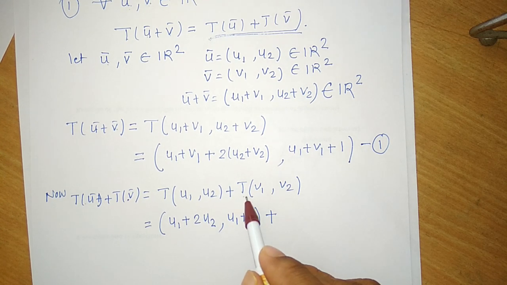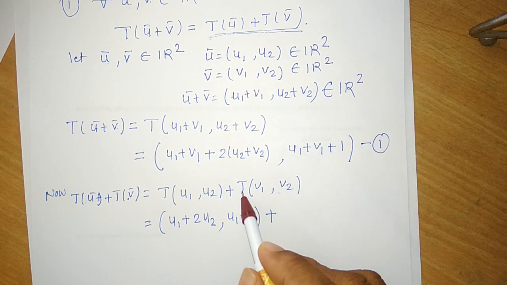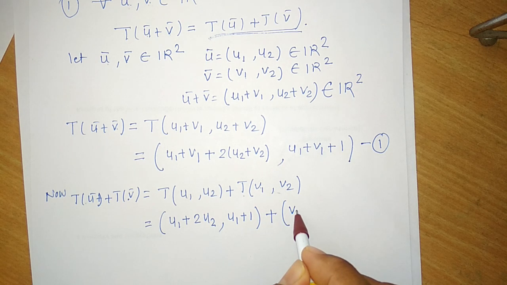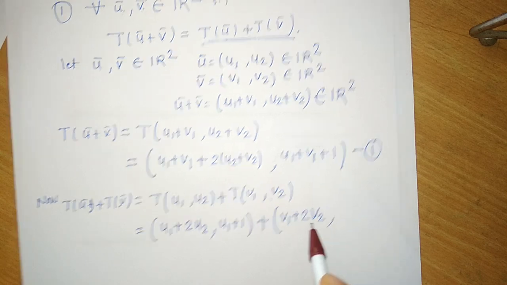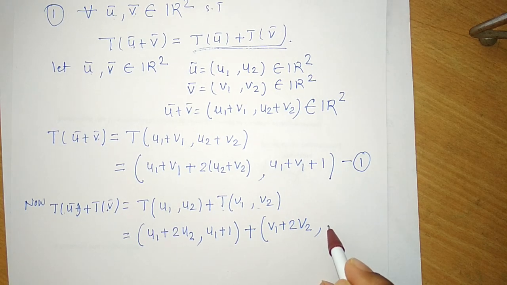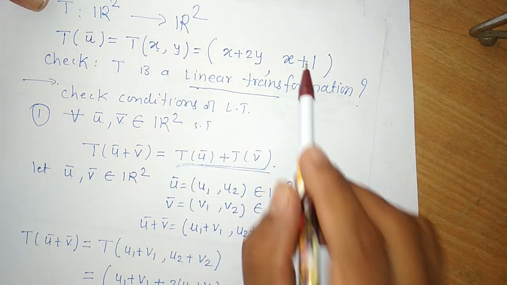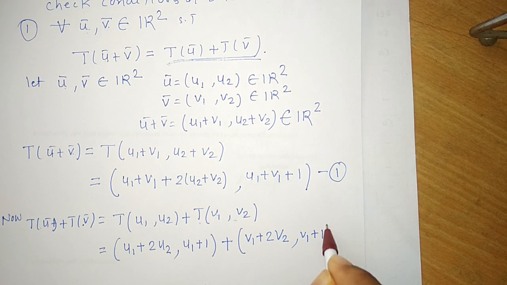Similarly, we can calculate the image of the vector v1, v2 under T. The formula says x plus 2y, where x means v1, so v1 plus 2 times v2. And the second component is x plus 1, the x component v1 added with 1.